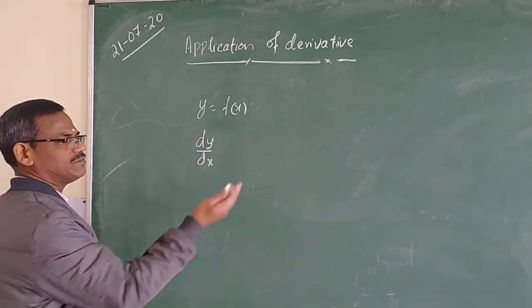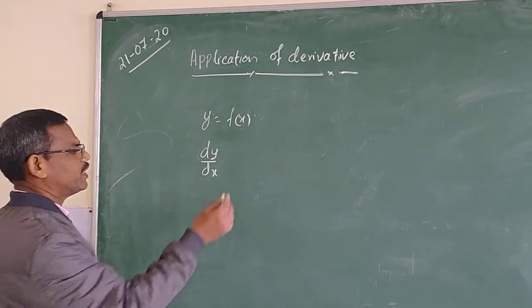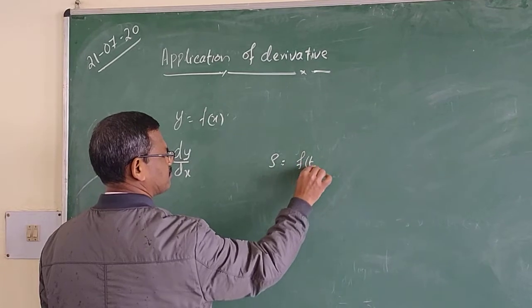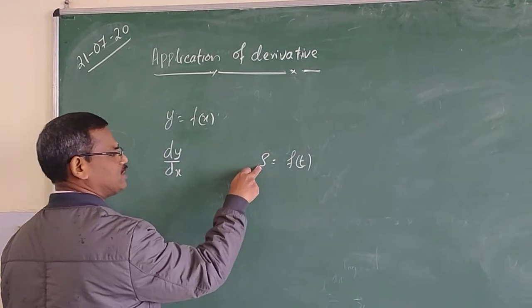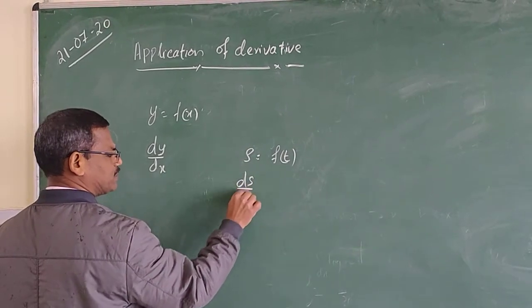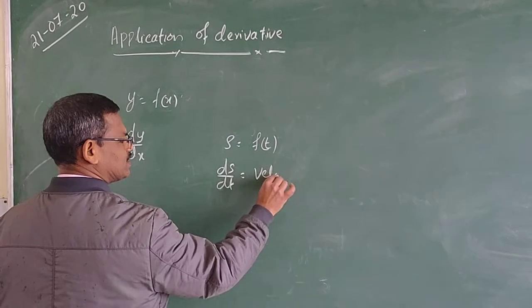In other subjects like physics and chemistry, suppose displacement is a function of time. Rate of change of displacement with respect to time, that is ds by dt, is called the velocity.